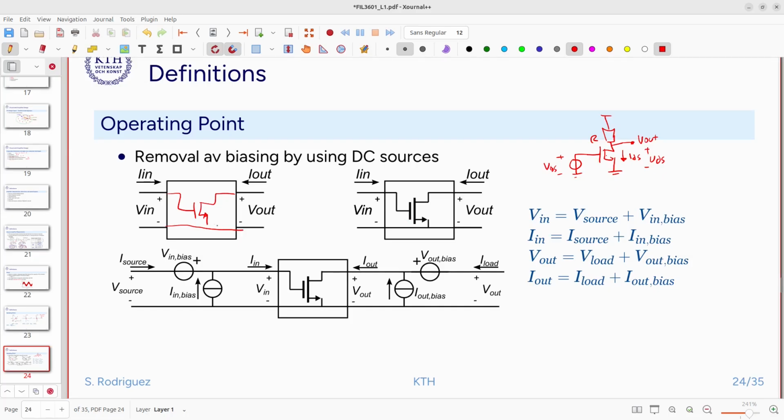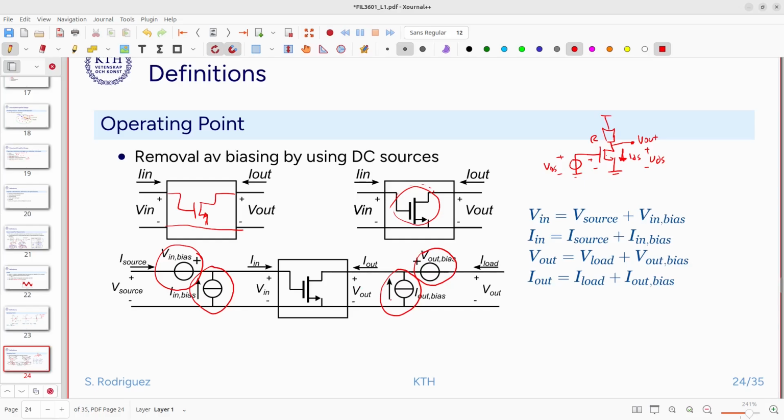We have a two-port network for this, and then we can add to this two-port network these voltage sources and current sources that put the transistor in this particular operating point. This voltage and this current and this voltage are very well defined by just adding this bias here. So we add this voltage source at the input, we add the current source at the output, the voltage source at the output, and then we need one extra current source here.